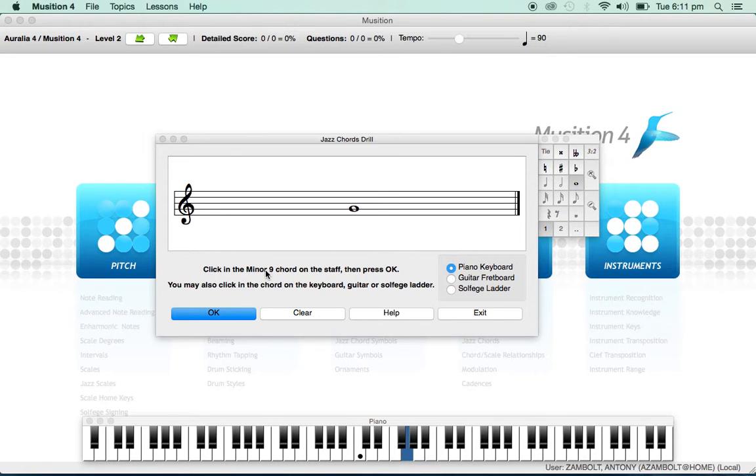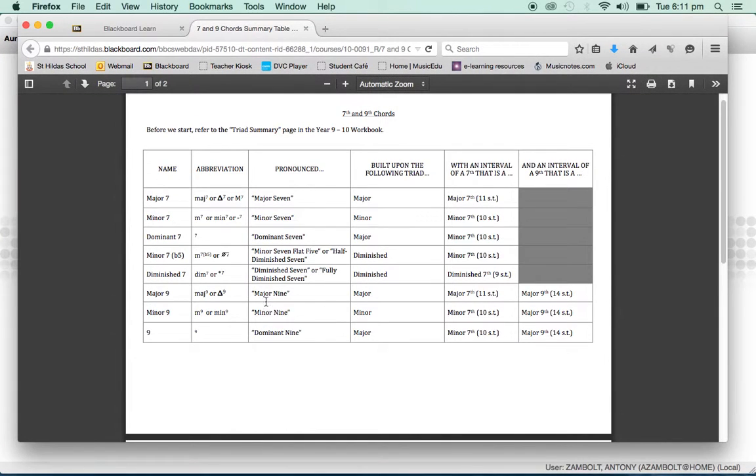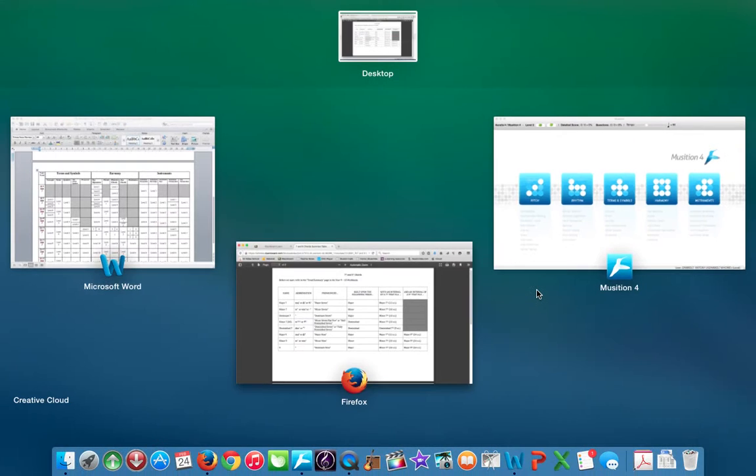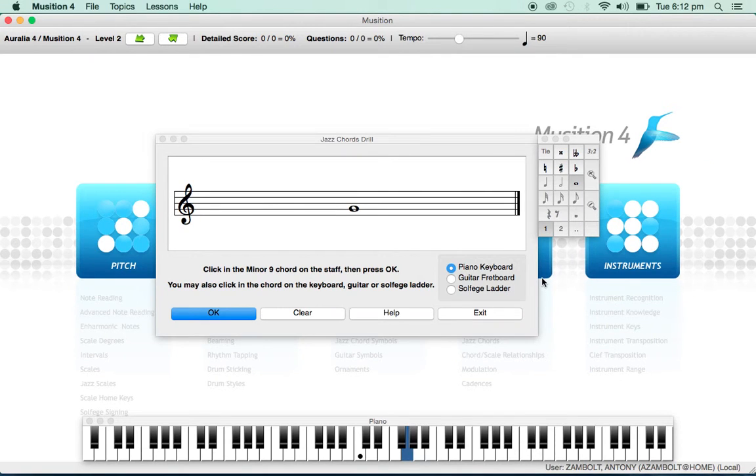Okay, so a minor 9 chord. How do we create a minor 9 chord? Well, we can go back to our topic over here, and we look up minor 9, and we realize that it's a minor triad at the bottom with a minor 7th and a major 9th. So we need to create firstly a minor triad based on this note.